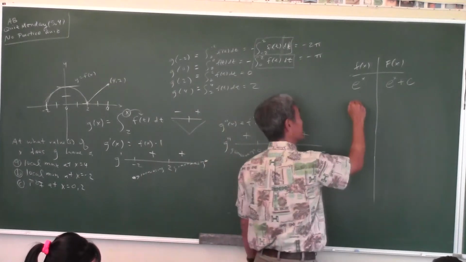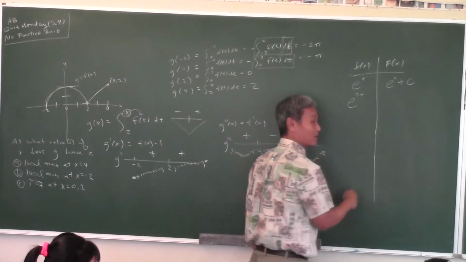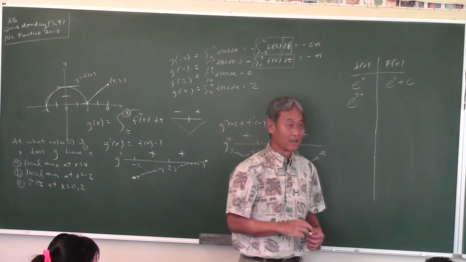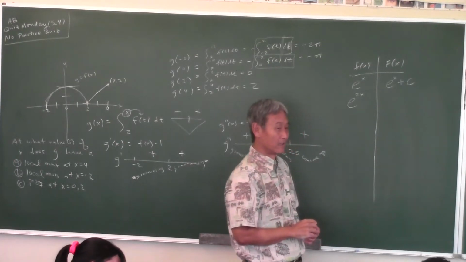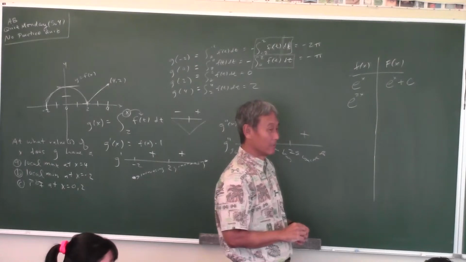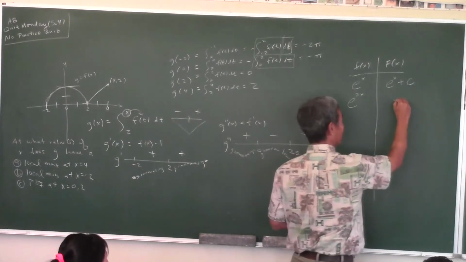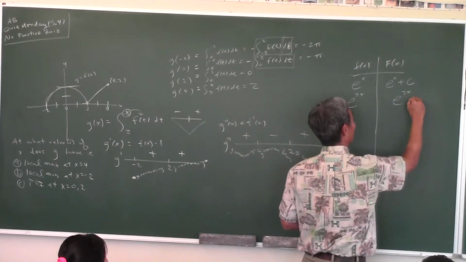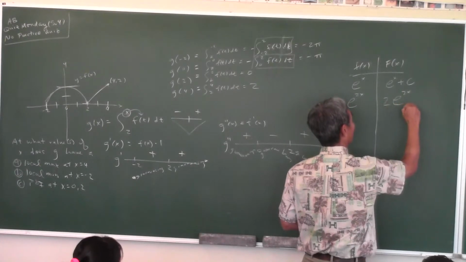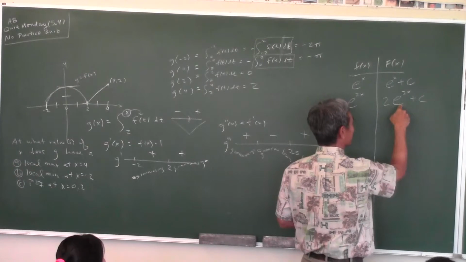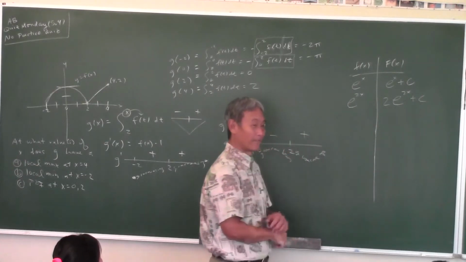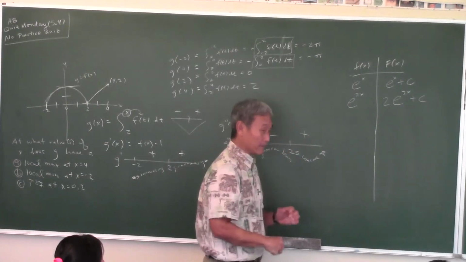Okay, now Moriguchi. e to the 2x. What is the antiderivative? e to 2x, or 2e to 2x? Let me ask you this: if I take the derivative of this, will you get that? Oh, I did it the opposite way. 1/2?